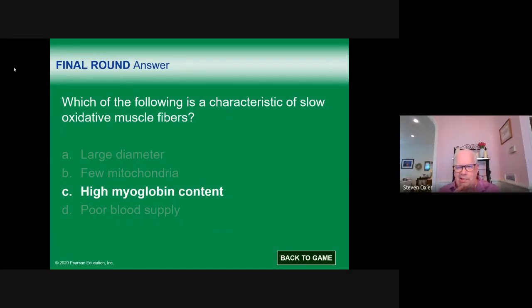Let me ask you guys this question. What does myoglobin do in the muscle cell? Why is myoglobin important? No one knows the answer?